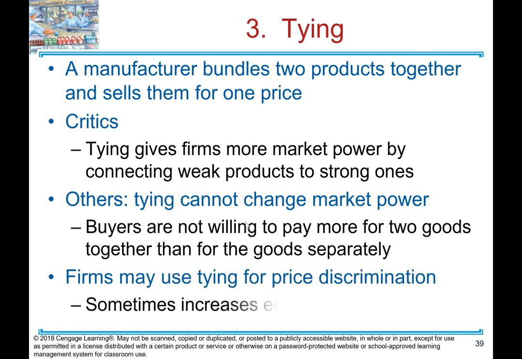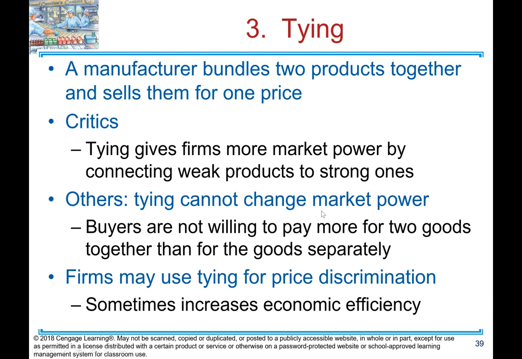Number three, tying. A manufacturer bundles two products together and sells them for one price. What do critics say? Tying gives firms more market power by connecting weak products to strong ones.